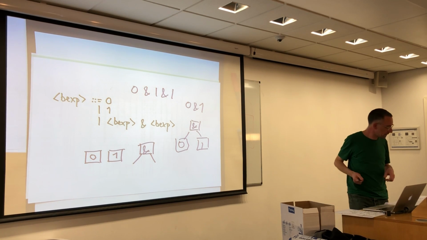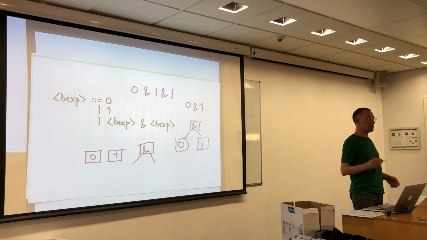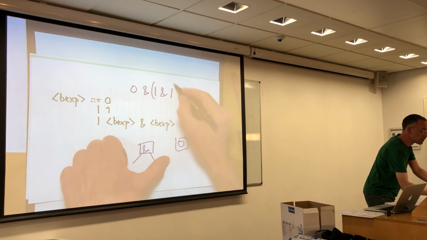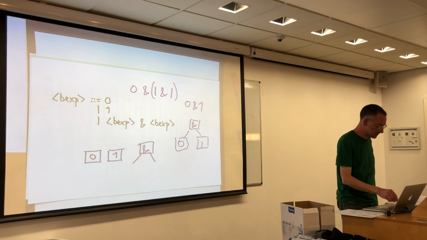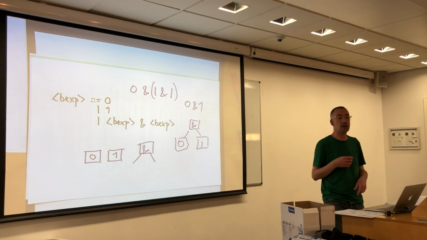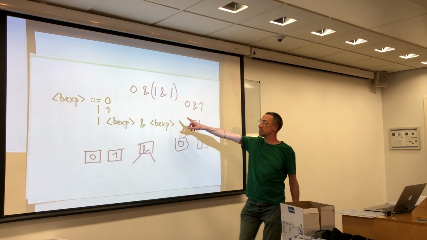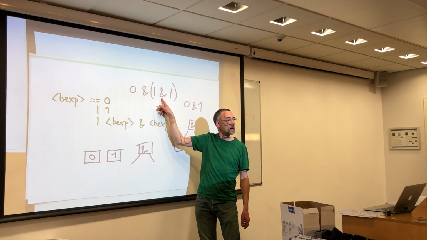I just wanted to say that as a user, you can always write parentheses round a sub-expression to make it clear what the structure of the syntax tree is. Now we know this one's at the top and this one's underneath it.